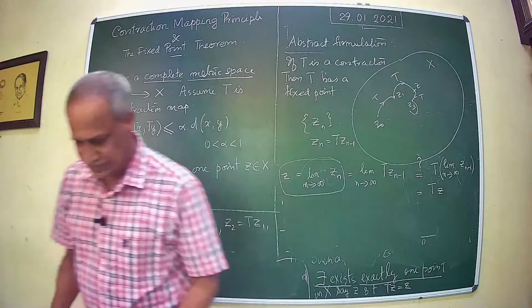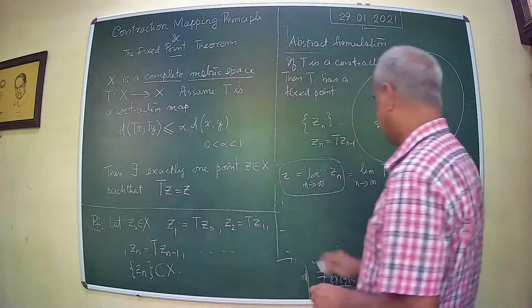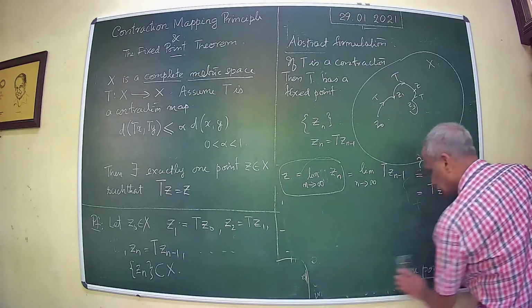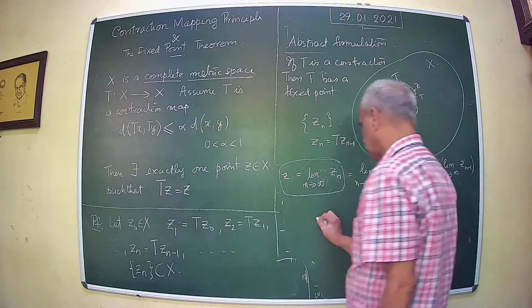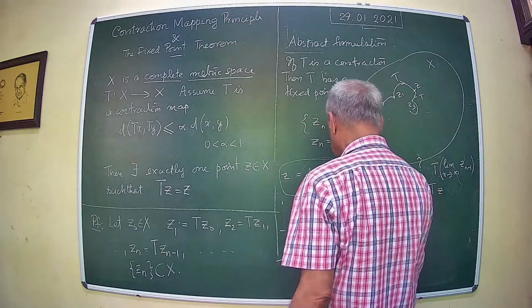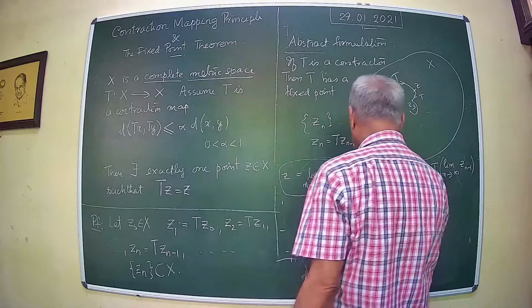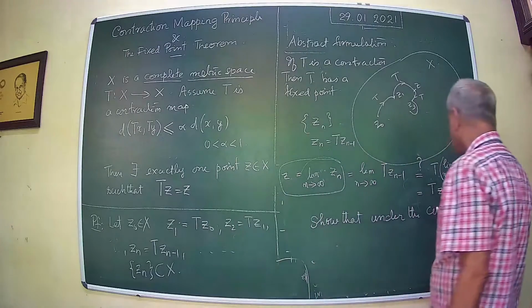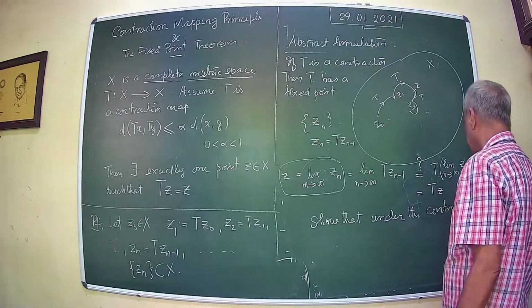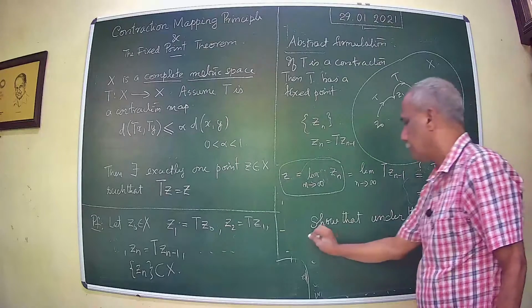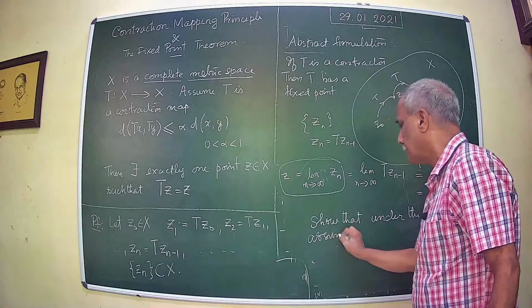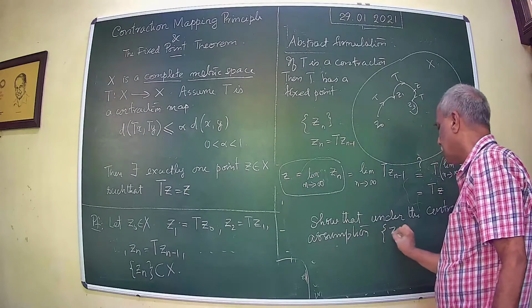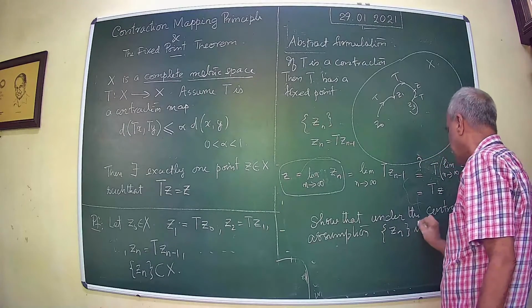Okay, let us see, the strategy is this. Show that under the contraction assumption, Zn is a Cauchy sequence.